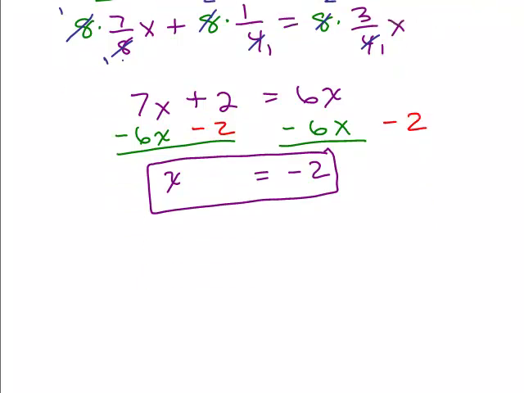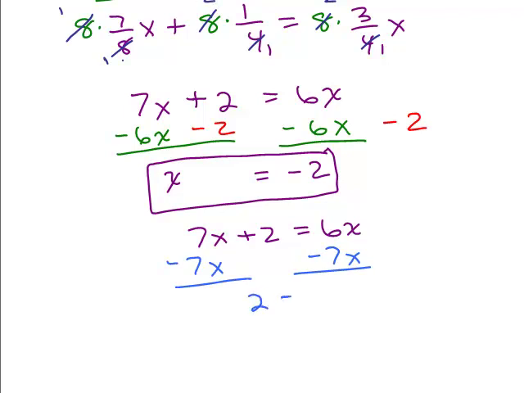Now, of course, you could have done it the other way. You could have said, since the constant's on the left side, I'll just subtract 7x from both sides. And that gives you 2 equals negative 1x, or negative x.